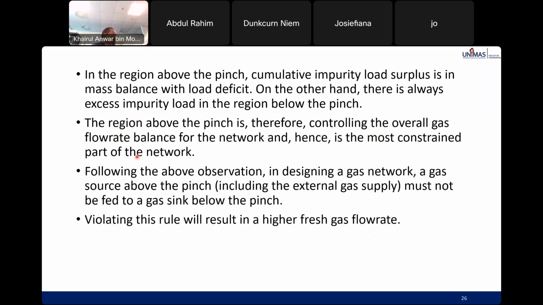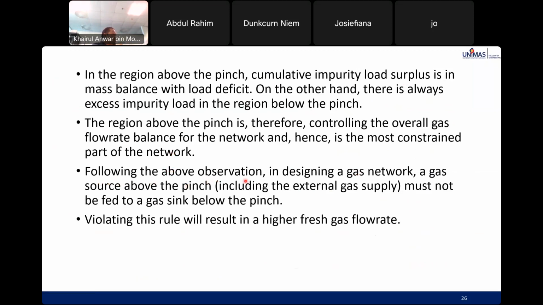It's the most constrained part of the network. Normally the region below the pinch hardly gets recycled. Why? Because the impurities are high, higher than the pinch concentration.